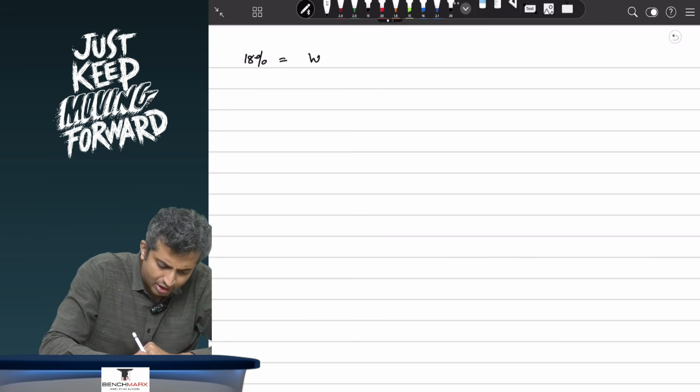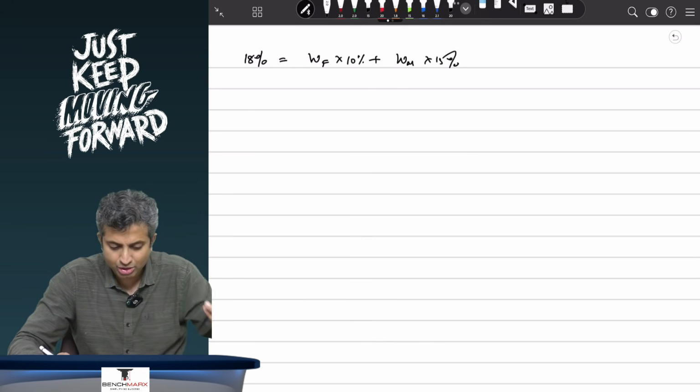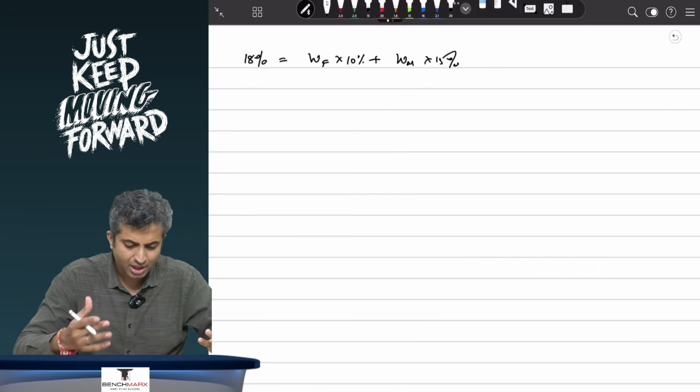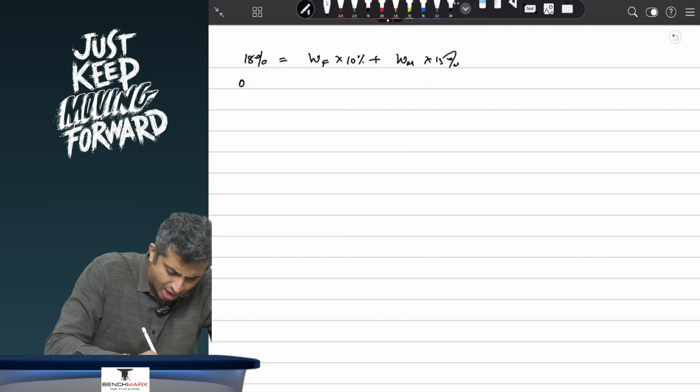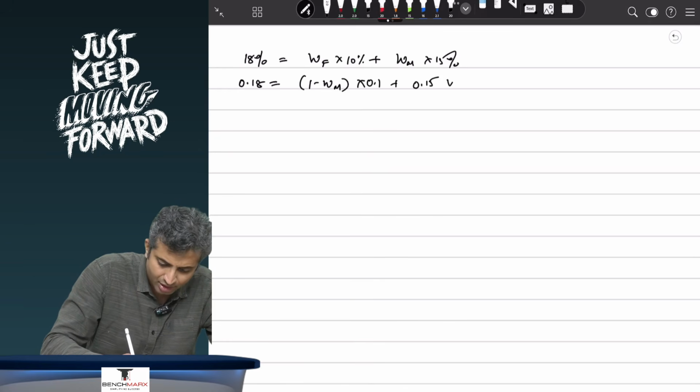Like over here, this is the weight of the risk-free security into 10% plus the weight of the market portfolio into 15%. Now this gives you an illogical conclusion because you're taking an average of 10 and 15. How will your answer come to 18? Let us see. Mathematically, 0.18. Well, the total of weights is 1. So this is (1 minus WM) into 0.1 plus 0.15 WM.